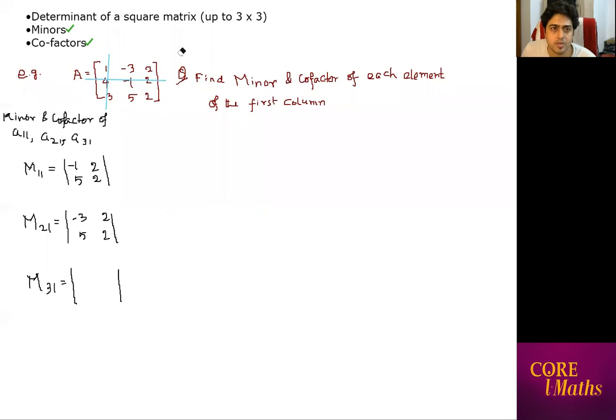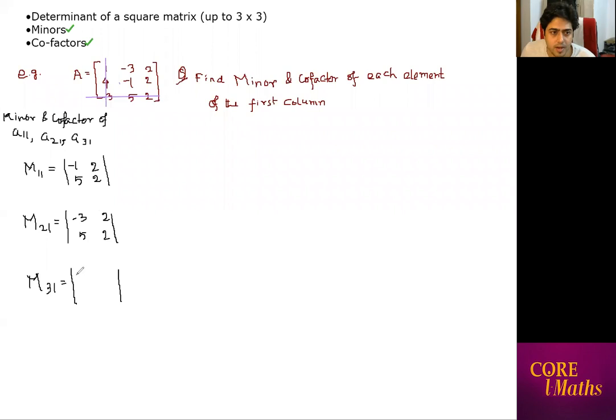So first just erase these colors. Now draw it. 3-1, that is third row and first column.